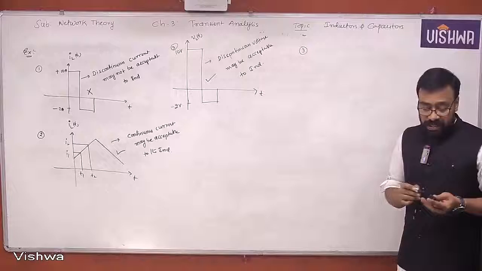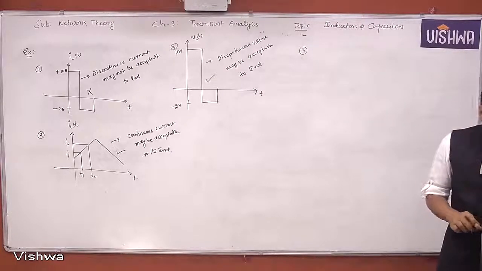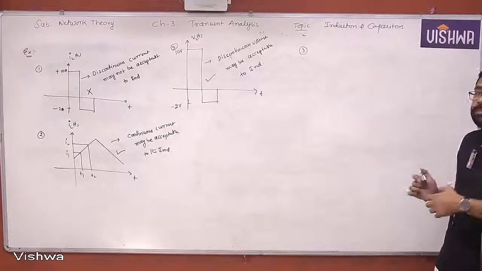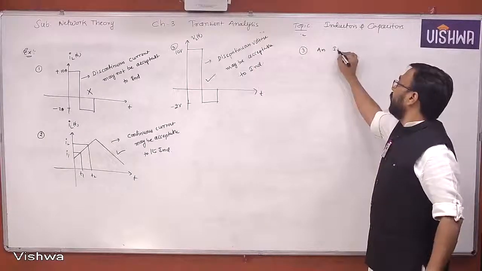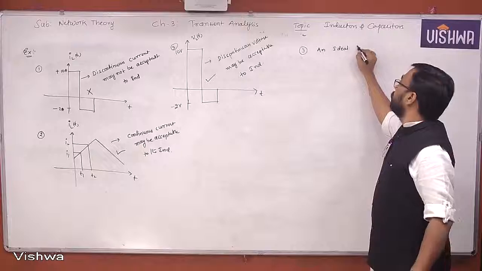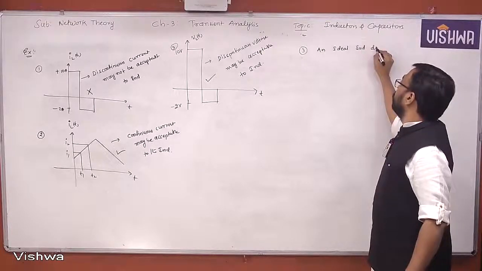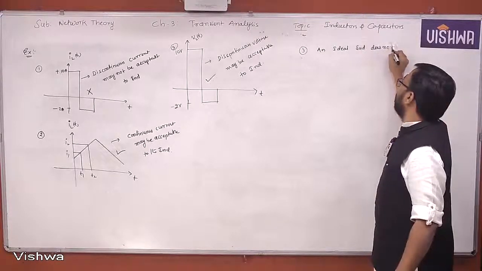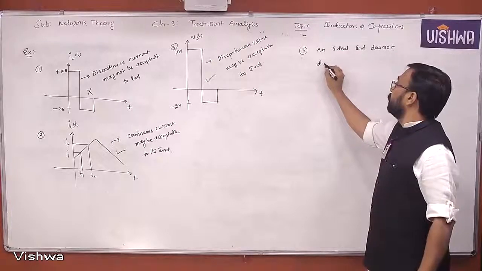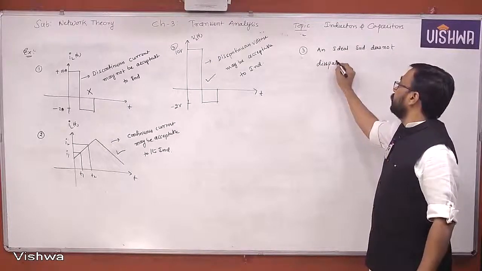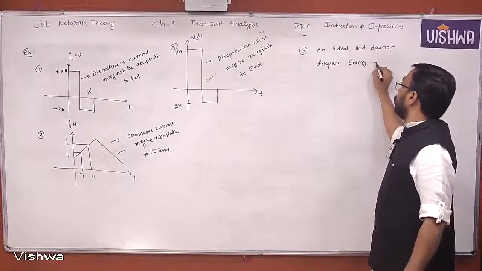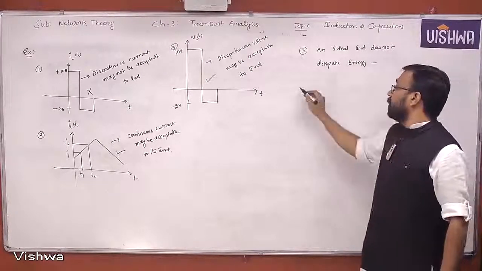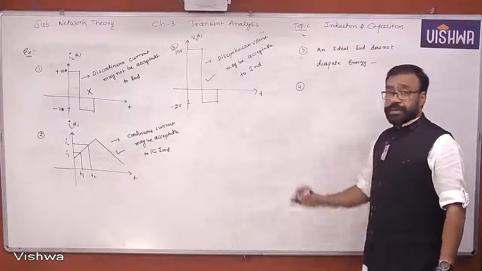Third important point, third important characteristic. An ideal inductor does not dissipate energy. That means there is no resistive component.